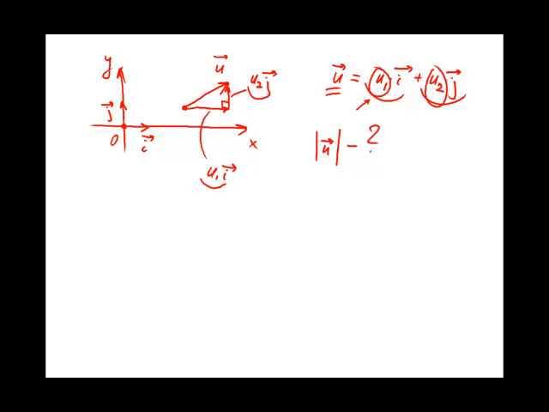This angle is 90 degrees, pi over 2 in radians. So let's use the Pythagoras theorem. It says that the length of the hypotenuse squared equals u1 squared plus u2 squared, the Pythagoras theorem.